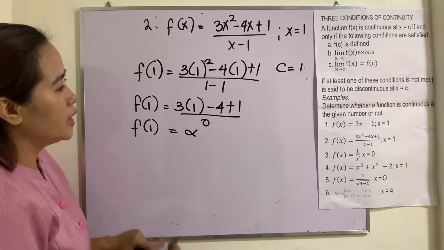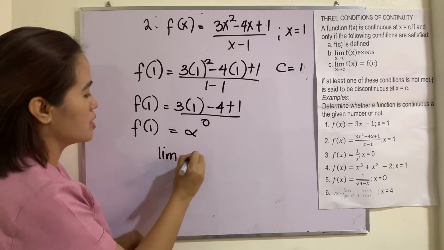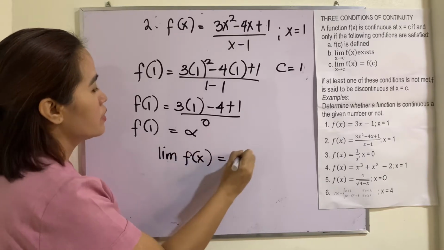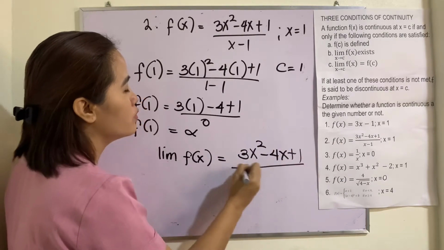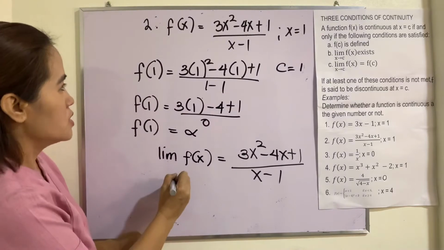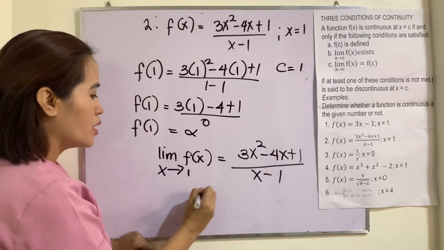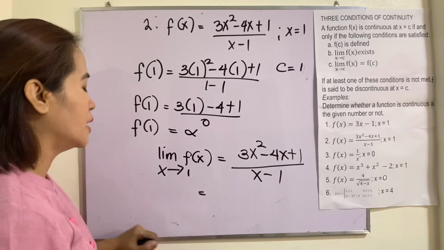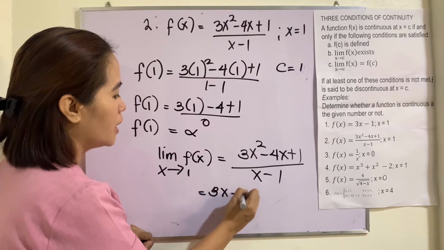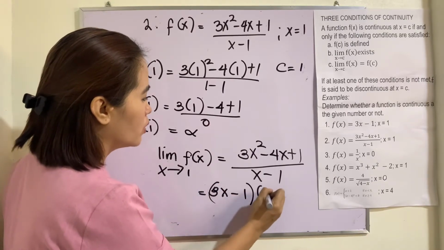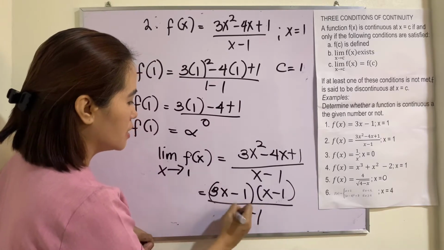What about letter B? The limit of f of x, the given f of x is 3x squared minus 4x plus 1 over x minus 1, as x approaches 1. If we simplify it, this one is factorable as 3x minus 1 and x minus 1, over x minus 1.